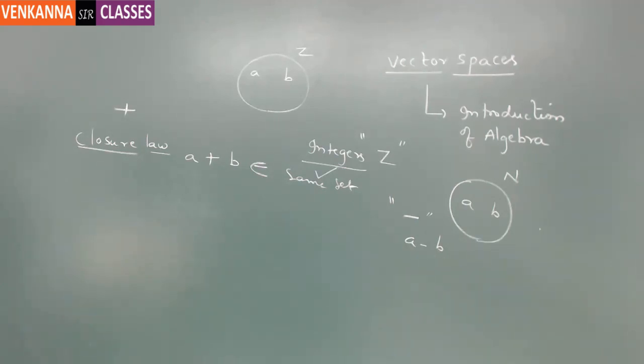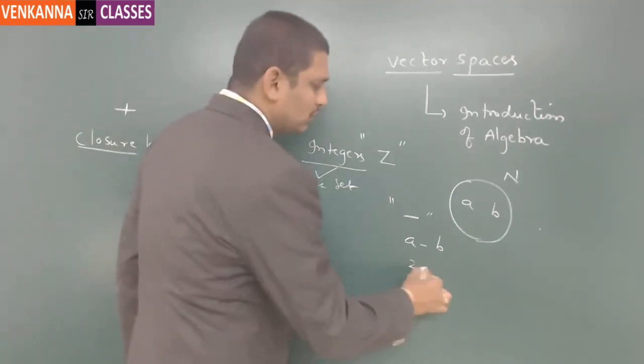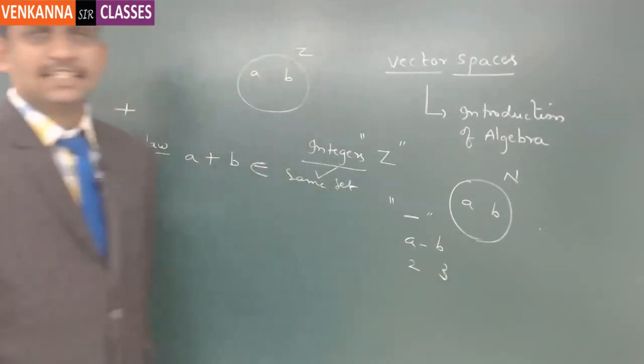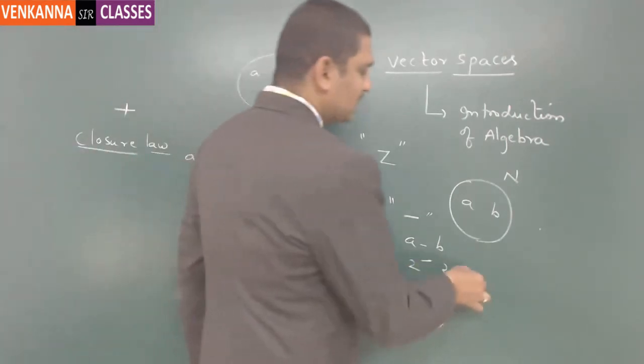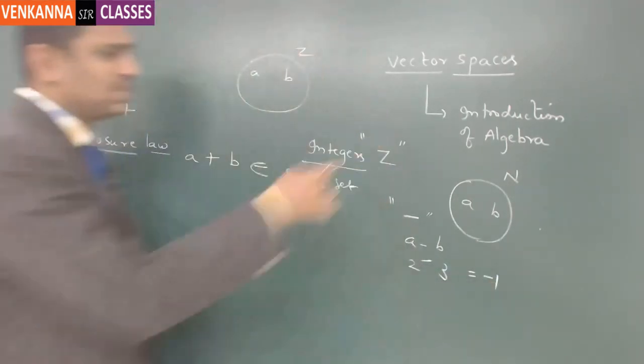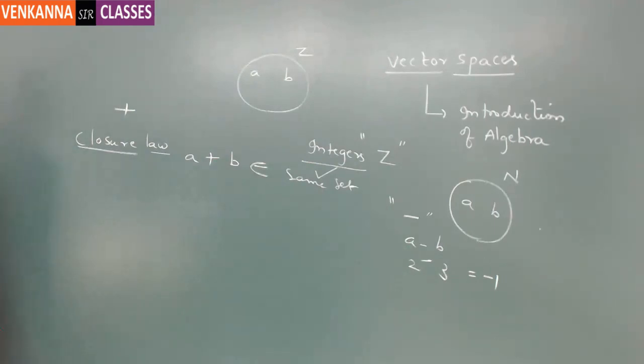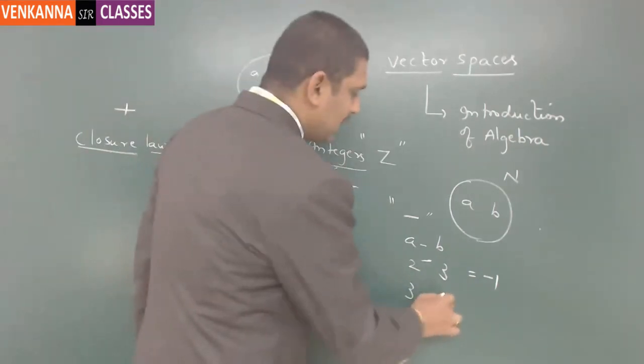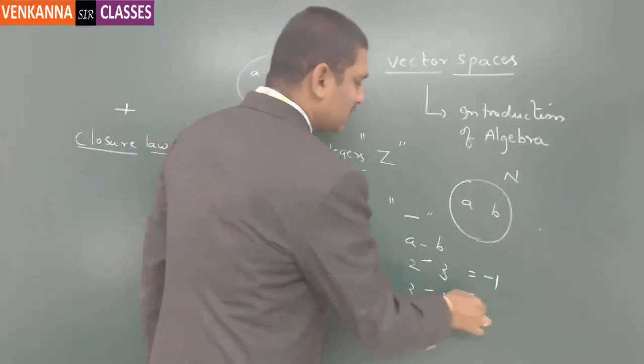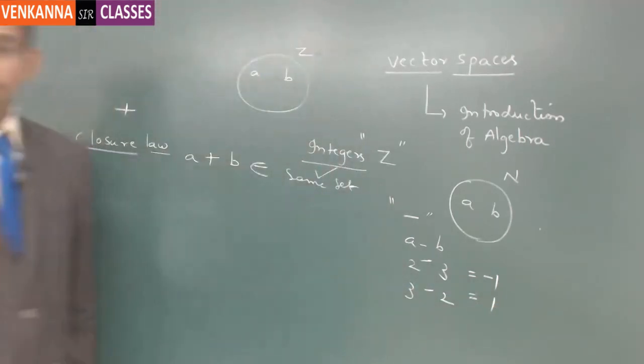Not always, because if you take a as 2 and b as 3, the difference is -1, which does not belong to the natural numbers. Accepted? If you take a as 3 and b as 2, the difference is 1, which is a natural number. Agreed?